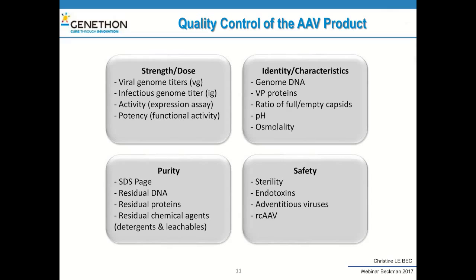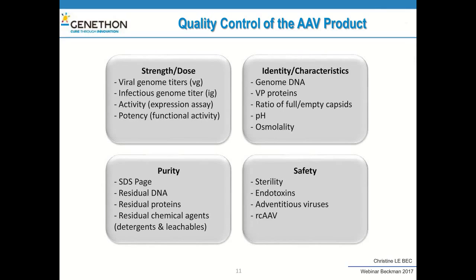You may need some assays to quantify the residual DNA, the residual proteins, the residual chemical agents. It gives you the monitoring of your vector's purity. And the last one is the safety of your product, such as sterility.